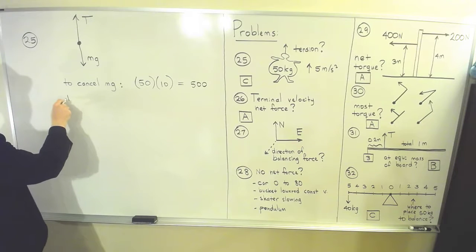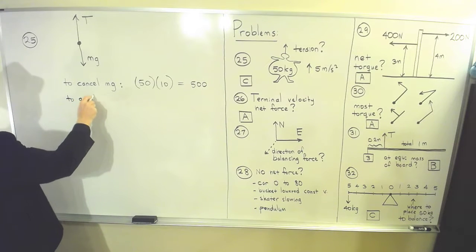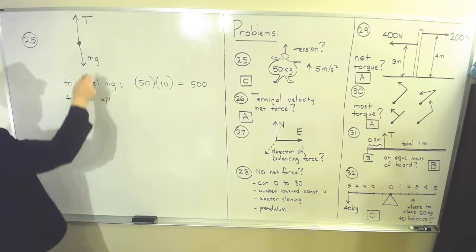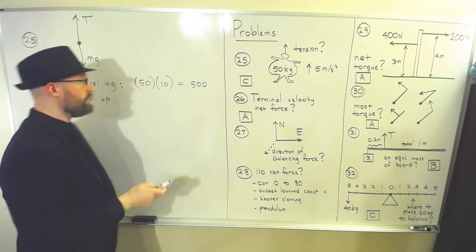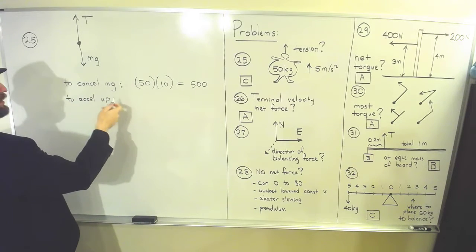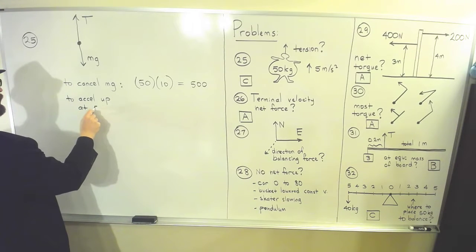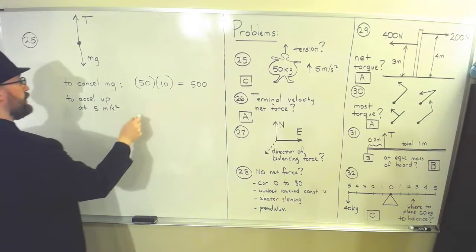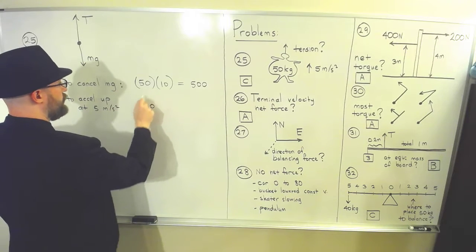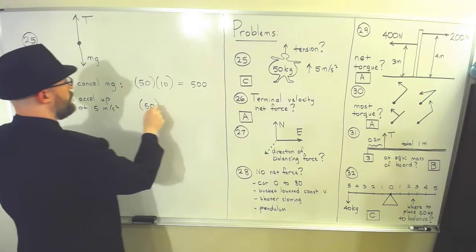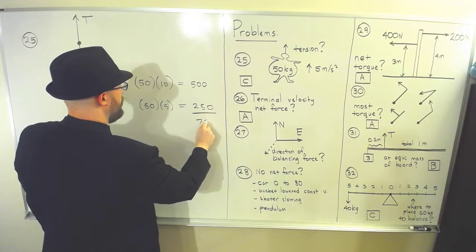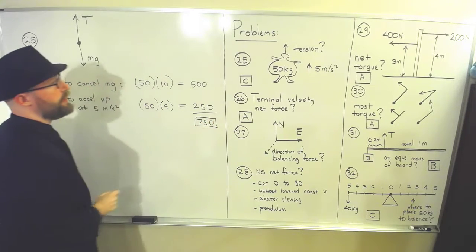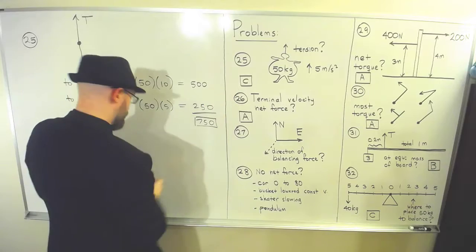And then to provide additional acceleration to go up at 5 meters per second squared, which is about half the acceleration due to gravity, you need an additional ma. So this is in Newton's second law, mass times acceleration, which would be 250, and so these will add up to 750, and that will be answer choice C.